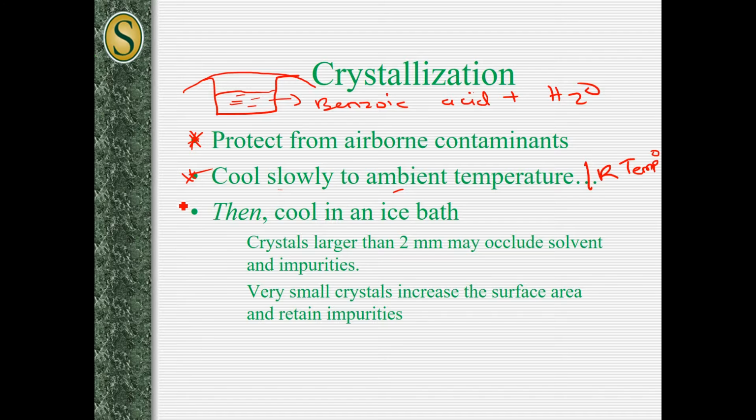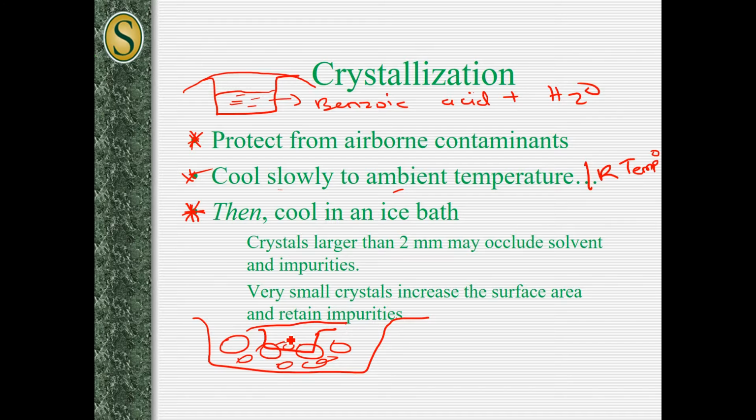Now, to make sure you have most or all of the crystals formed, we're going to keep the beaker in an ice bath. So we'll bring an ice bath to the lab and stick our beaker in there so that it can chill to form more crystals. When it's cool enough, you'll feel it with the palm of your hand.